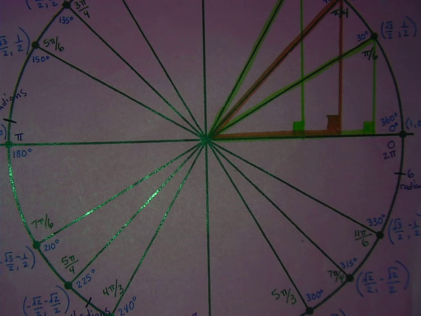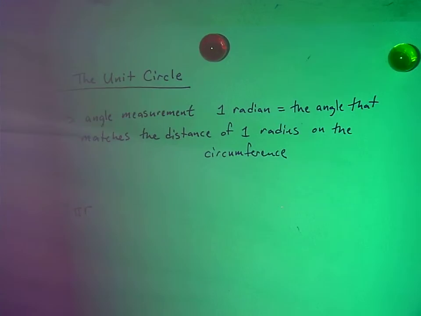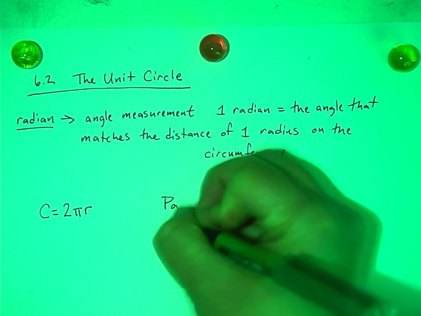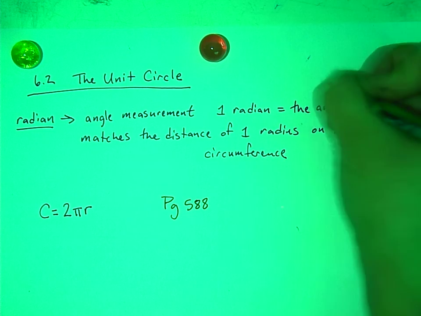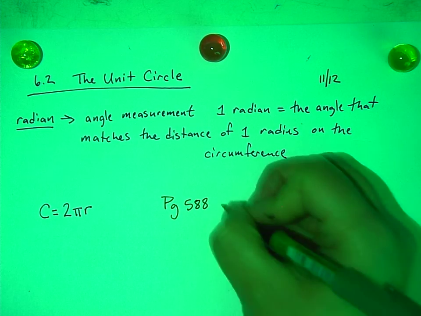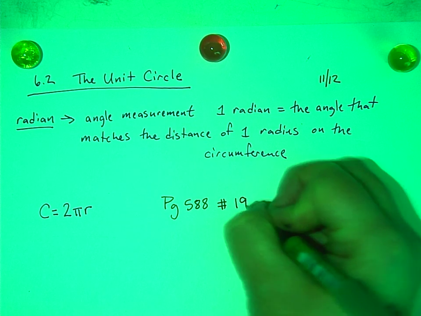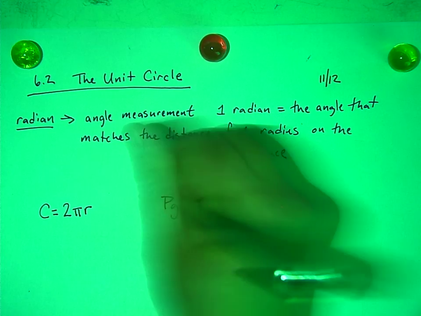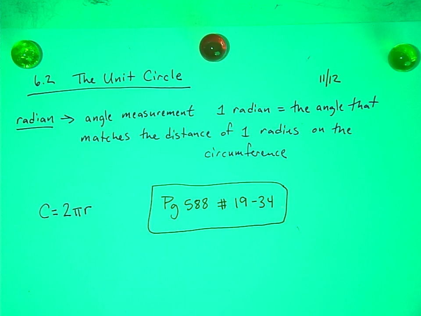Your homework is going to be page 588, numbers 19 through 34. Do we need the string in there? No. Okay, now everybody look at this so I can talk about it quick before I let you work. I think you're going to be able to get this done with your partner in about 20 minutes. Probably have 5 minutes to yourself, have no homework this weekend, if you're serious about it.